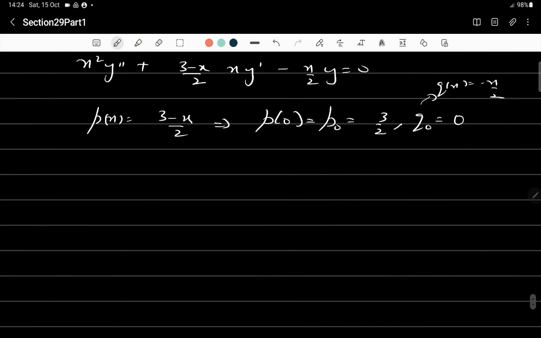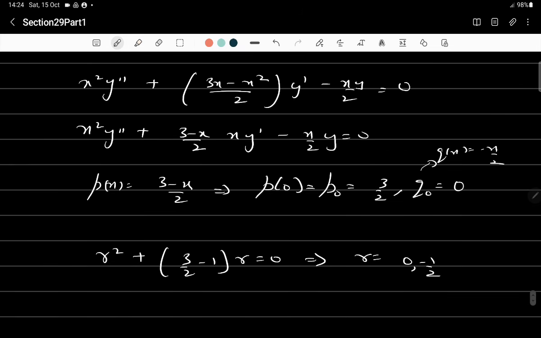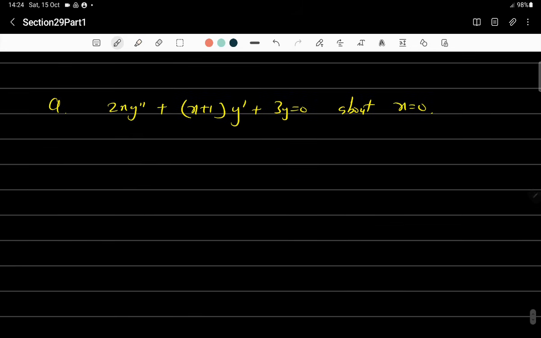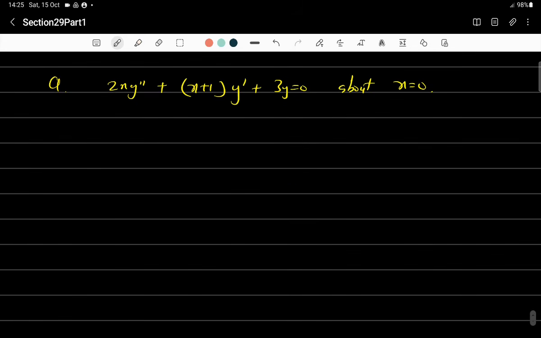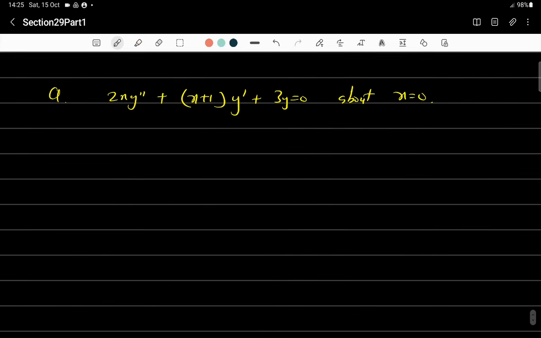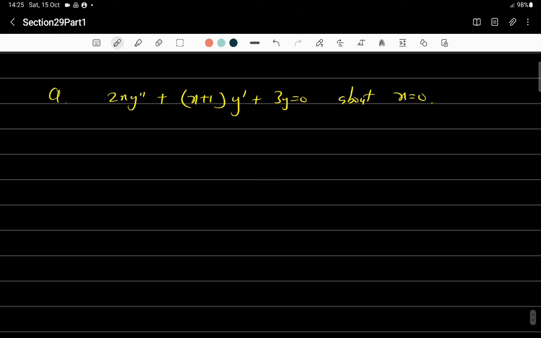So now the given equation becomes r square plus p naught minus 1 r plus q naught is equal to 0. That gives you r is equal to 0 and minus 1 by 2. So you can see how quickly we managed to compute the indicial equation. Similarly, if I see this question which we already discussed, again multiply by x and divide by 2.